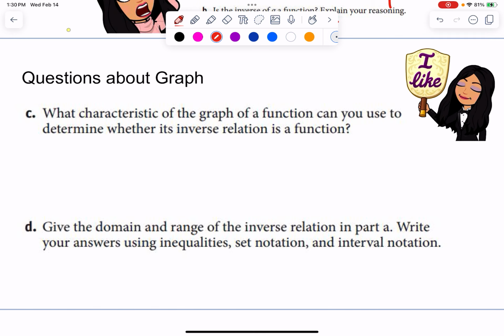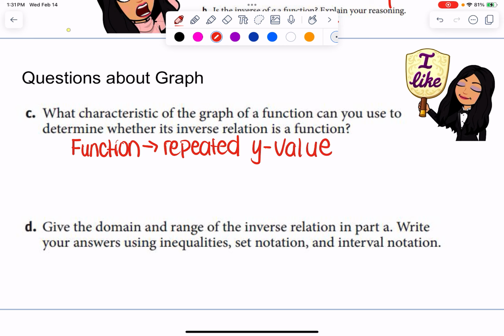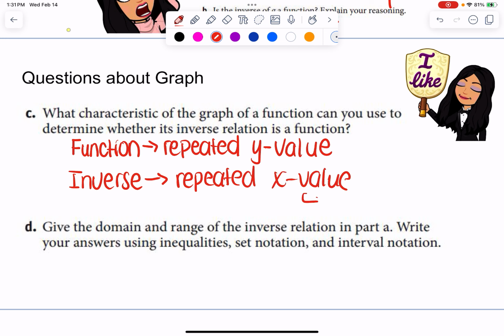Well, the biggest thing is, on your original function, if you have a repeated y value, you can have that be a function, but on the inverse, it's going to switch to be a repeated x value, and you cannot have a repeated x value in a function.